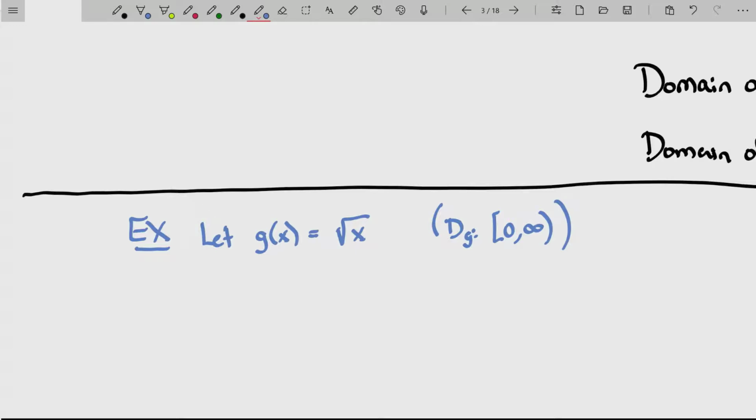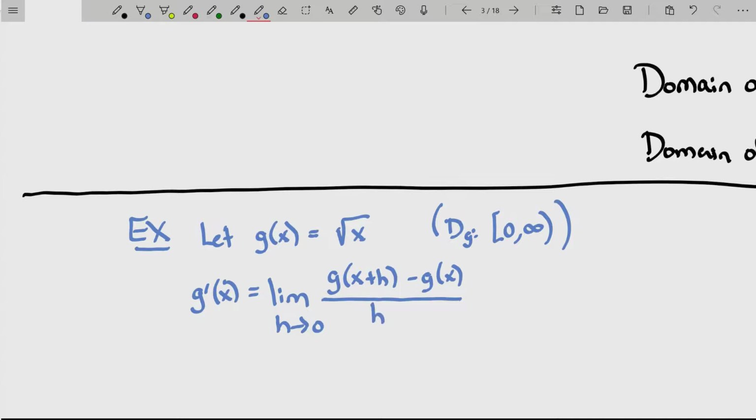All right, g prime of x, well, that's equal to the limit as h tends to 0 of g of x plus h minus g of x all over h. That should not be difficult now. We have the definition of the derivative as a function. That's exactly what it is right there.